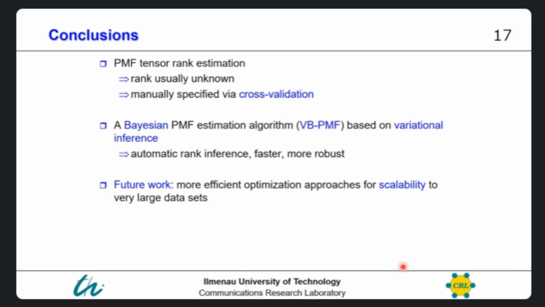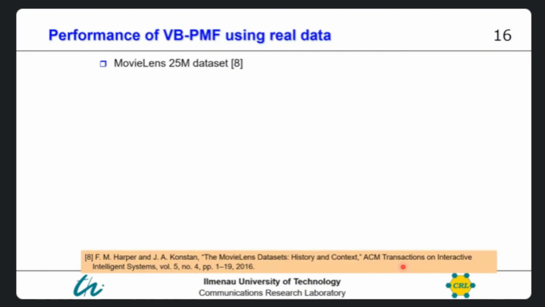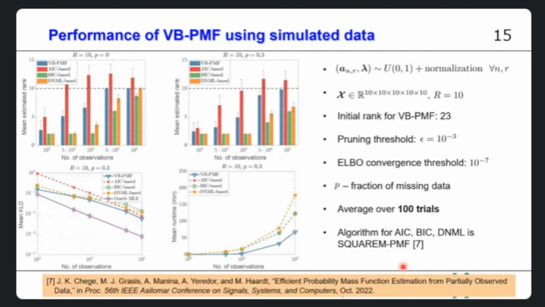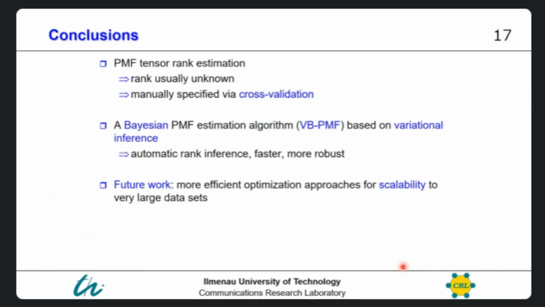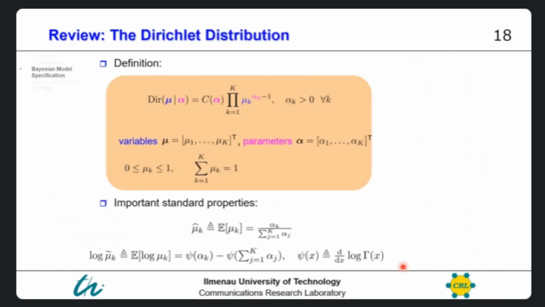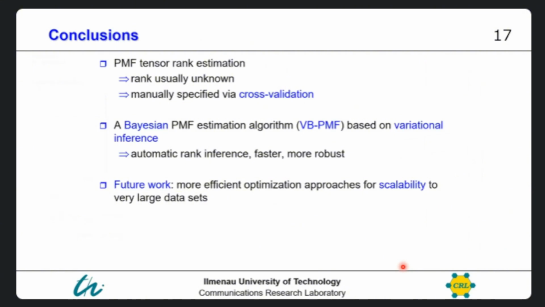We now have an extension where we want a scalable algorithm, because if you look at these results, the runtime is still increasing linearly with the size of the data set. So we have an improvement we've been working on that doesn't grow linearly with the size of the data. Thank you for your attention, and I'm happy to answer any questions.